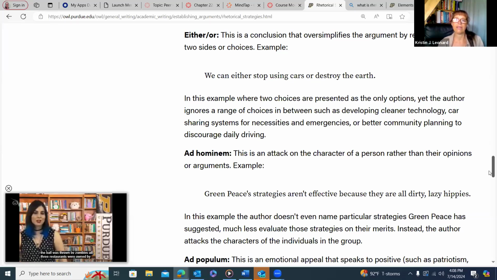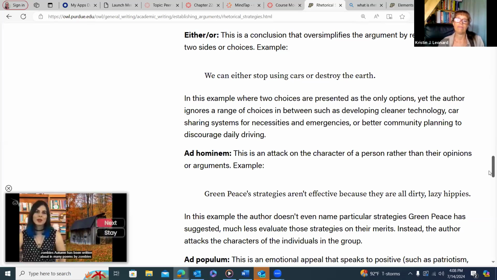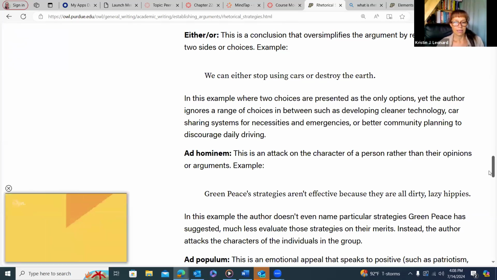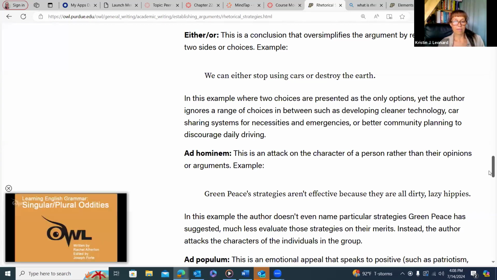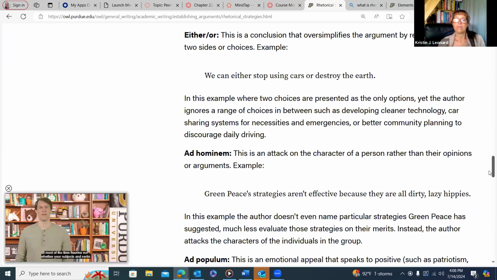Even if that was your position, you wouldn't even have both of these as your options. If you wanted to say we are going to stop using cars because, you could also explain that, but you need to give your readers, your audience, more than two options.